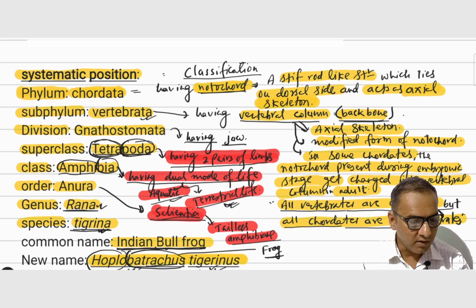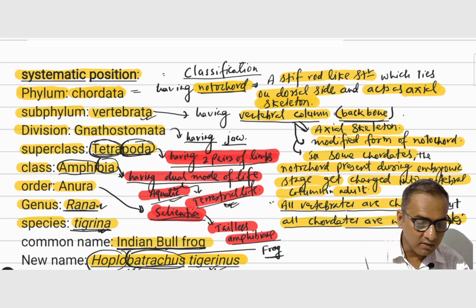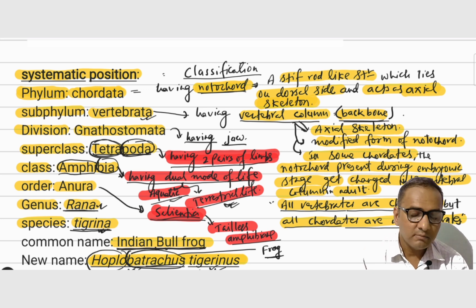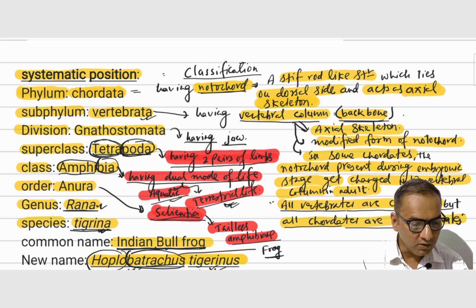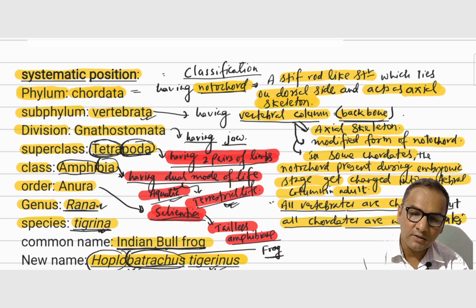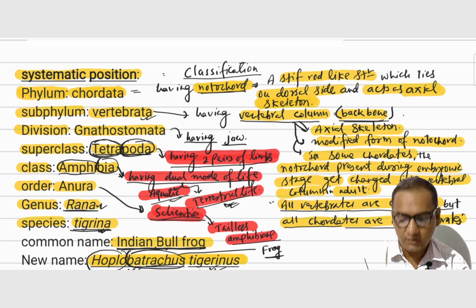Armed or weaponed frog means that the body size of this frog is comparatively larger, the body is strong and muscular, and it has strong jumping ability. So what are the features? A comparatively large body, a strong muscular body, muscular limbs, and it is a good jumper.